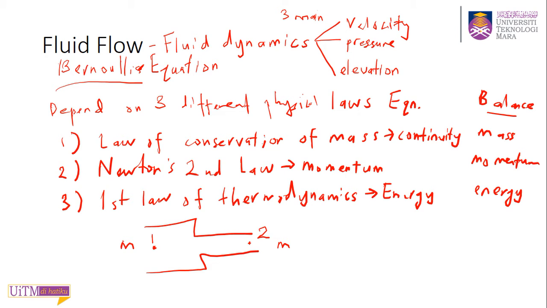The second one, Newton's second law, tells you about the momentum. So the momentum, let's say F, at point 1 is the same at point 2. Similarly, energy at point 1 will be the same at point 2. That is what balance means, balanced at two different points in this pipe.